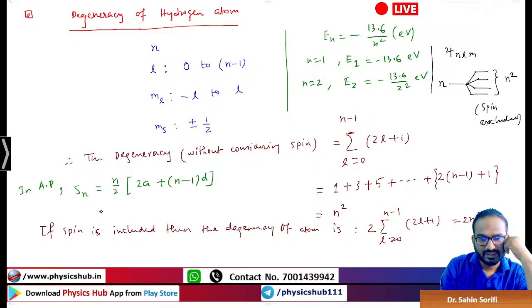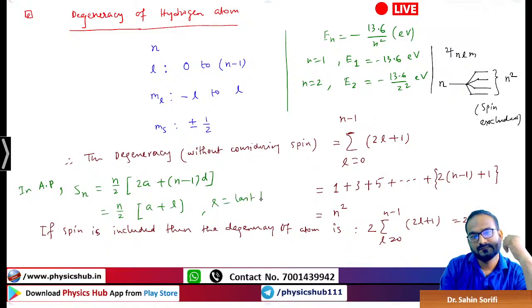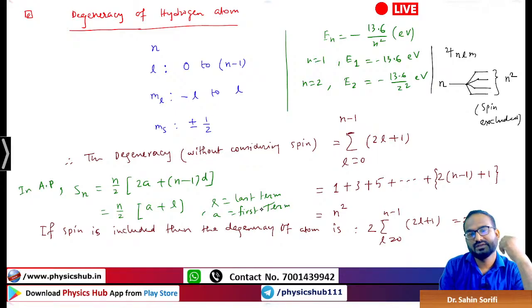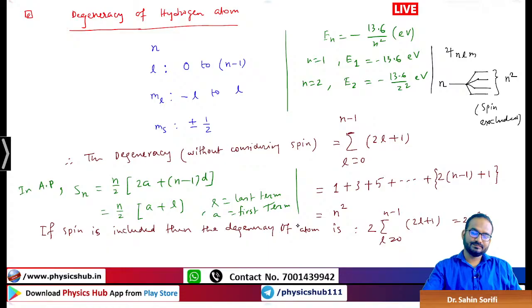Or you can also write it, if there are n number of terms, as n by 2 into (a plus l), where l is the last term and a is the first term. So using this formula we get this n square term. Okay.